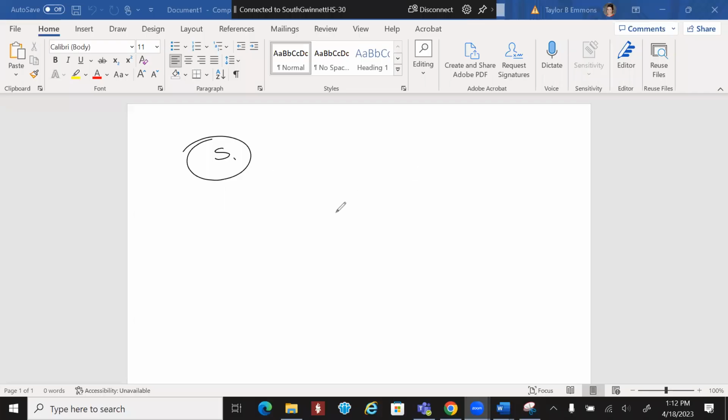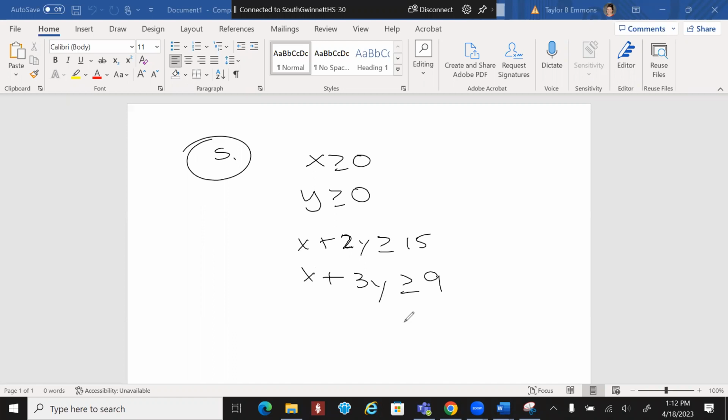If I told you that I had this inequality, and I said, what is the minimum value if you're given this equation?